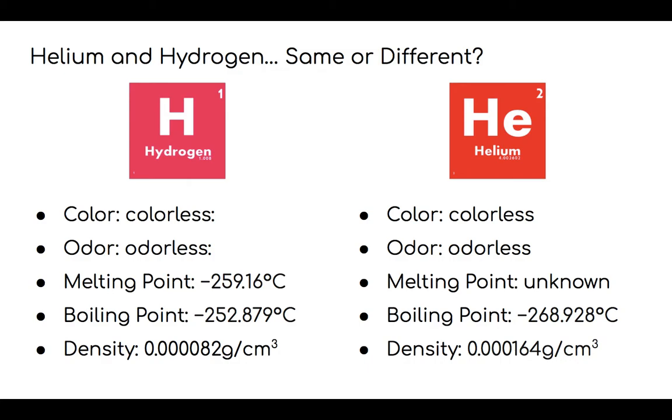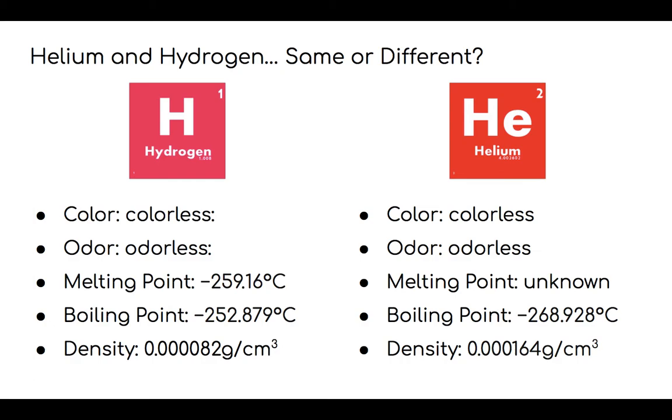So let's quickly look at an example here. We've talked a lot about what properties are, different types of properties, and how they can be used. So let's look at an example. Thinking again that a substance's set of properties is like the substance's fingerprint. If we think about hydrogen and helium, very close to each other on the periodic table, both very non-reactive gases that can't be seen.